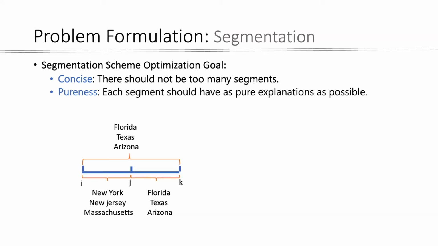For the left chart, the overall explanation is Florida, Texas, Arizona, and the left small segment explanation is New York, New Jersey, Massachusetts, and the right small segment explanation is Florida, Texas, and Arizona. This larger segment is not totally consistent with the small subsegments.